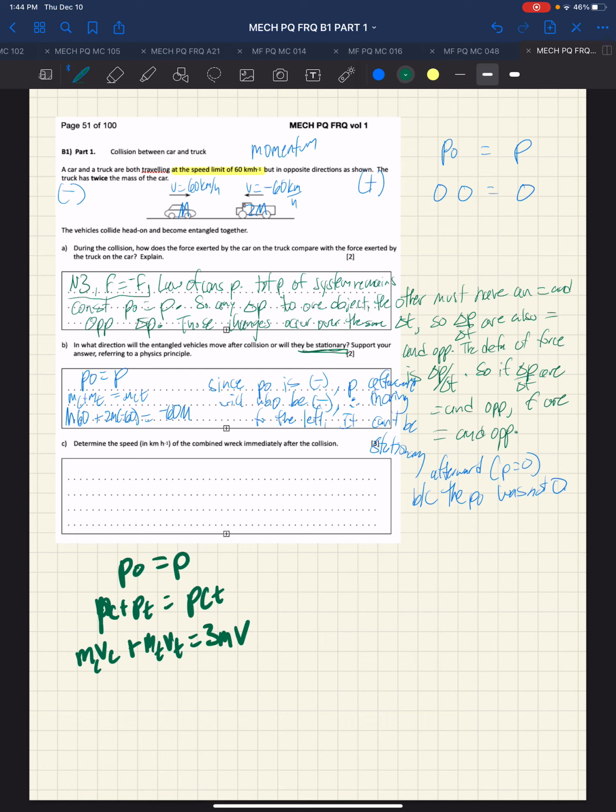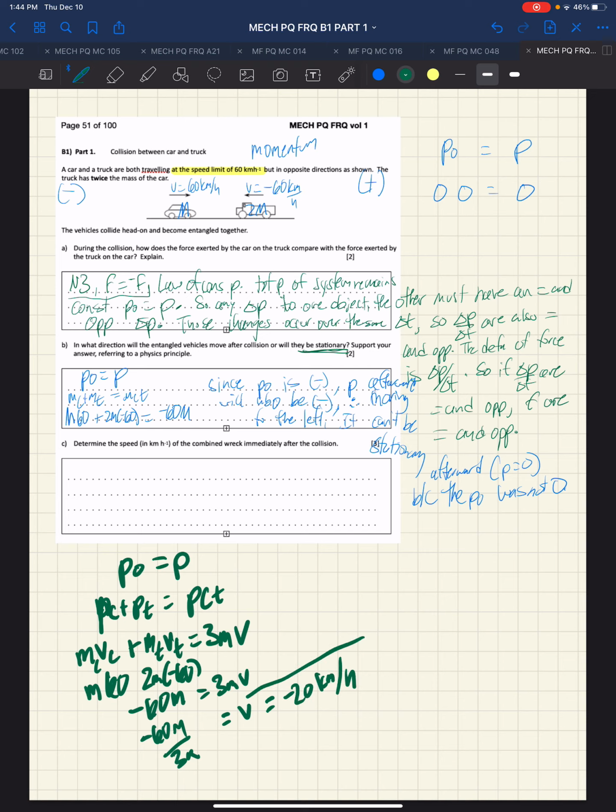Now the mass of the car is m, and it's 60, and 2m times minus 60. So we're left with m times minus 60 m is going to be 3mv. So v is going to be minus 60m over 3m, which is minus 20 kilometers per hour.